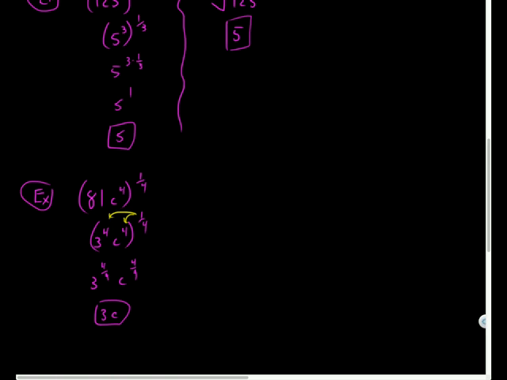And actually, one thing I just realized. I do have to be careful when taking roots or fractional exponents of variables. I have to consider the signs of those things. And I think I technically have written a wrong answer here. Let me do an aside note of what is the 4th root of c to the 4th.